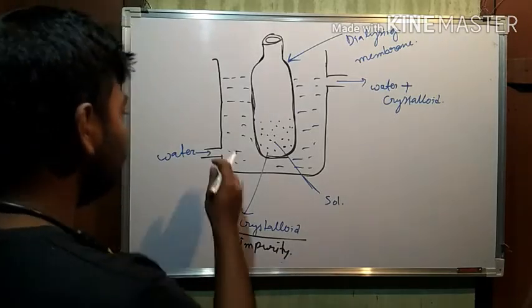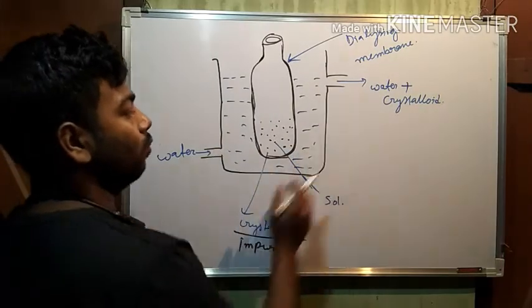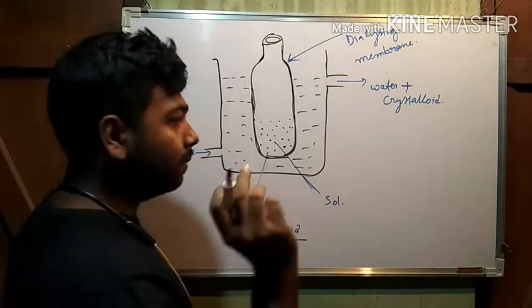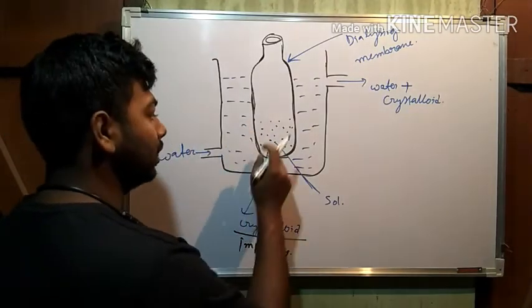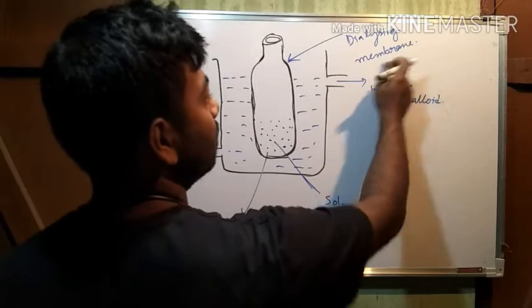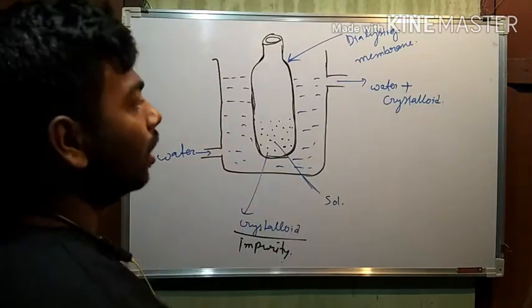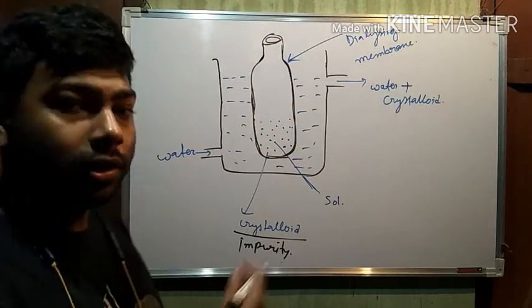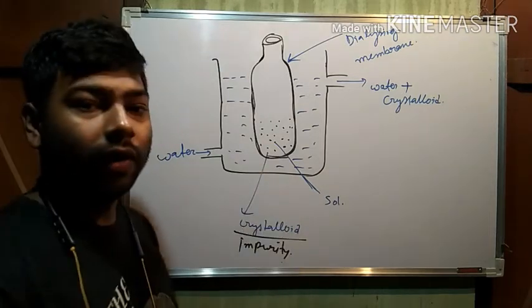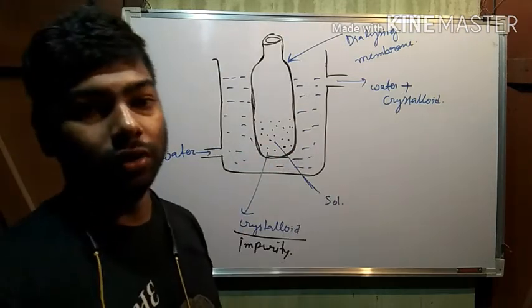That's why when we continuously pass the water, the crystalloid, that means the impurity particles, come out from the dialyzing membrane and are removed with the water. In this way, we can purify the colloidal solutions.